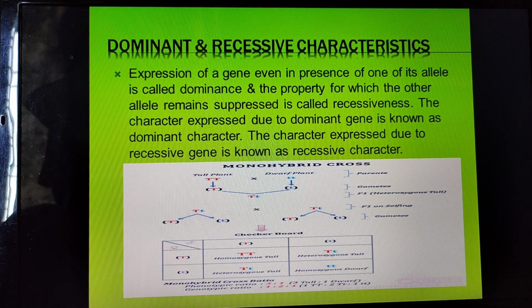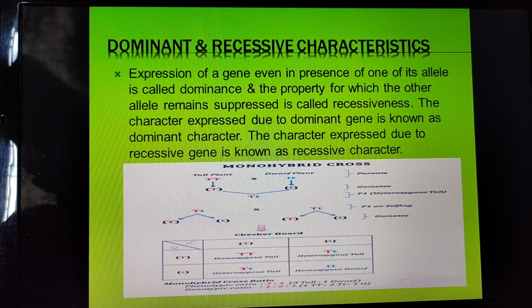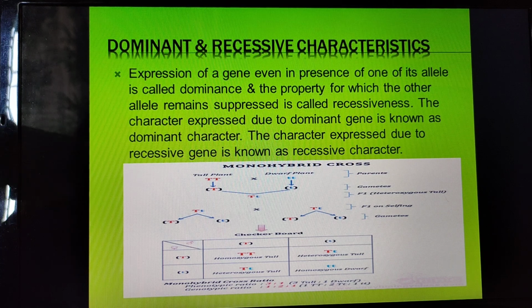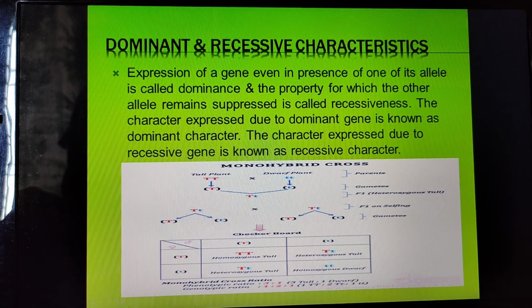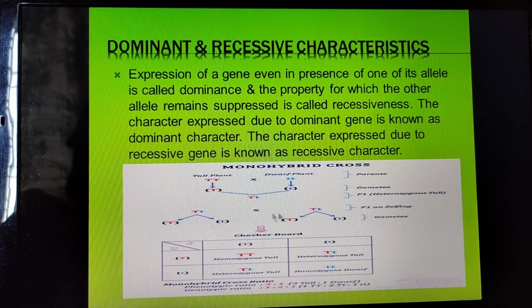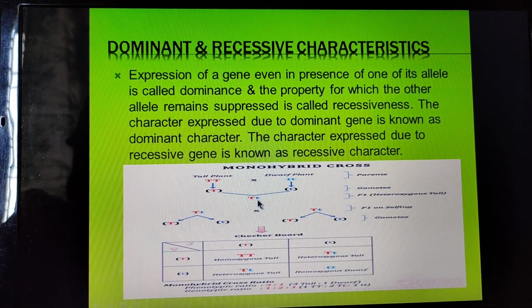Gene for tallness of pea plant is dominant over the gene for dwarfness of pea plant, where we get hybrid tall pea plant. Look at in F1 generation, capital T and small t, both the alleles are here. Which one is expressed and which one is suppressed? Capital T, this trait is dominant. Small t, this trait is recessive.